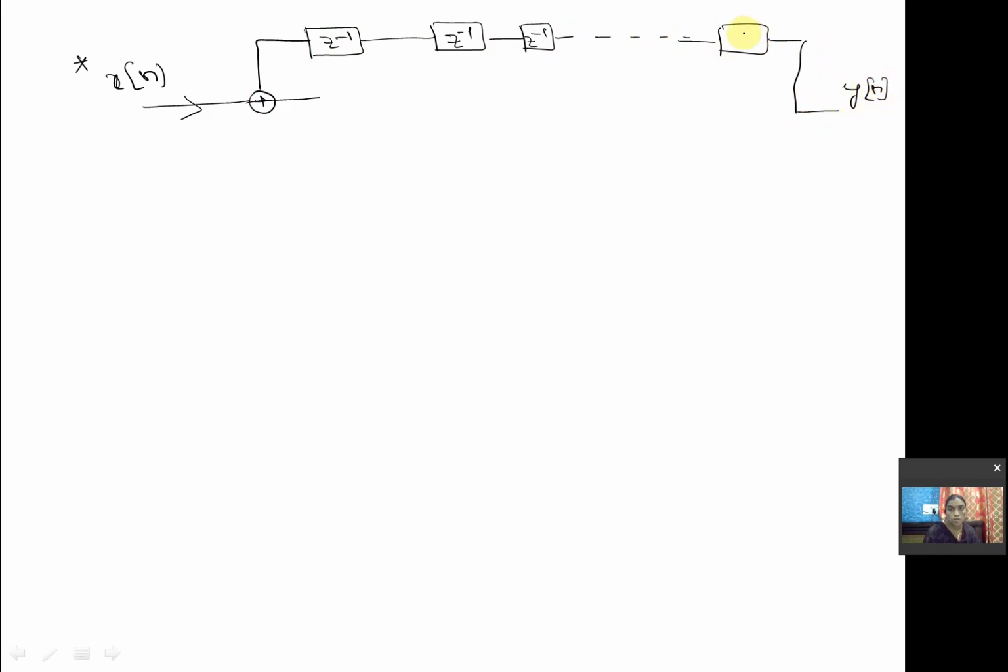This is y of n, then z inverse, that is z power minus 1, then minus 2 and so on, up to z power minus capital N, since k is equal to 1 to N. Now add this with x of n, and then the multiplier is a_N of N. Use the multipliers like this, and use the adders also.